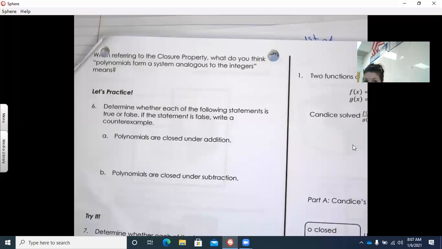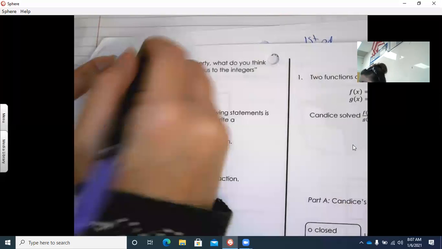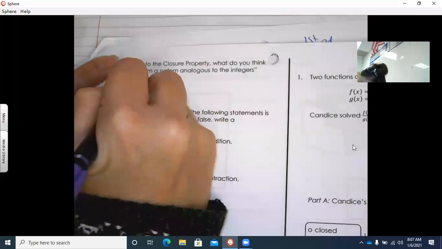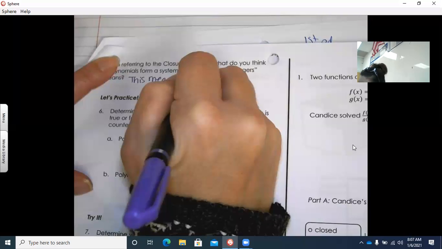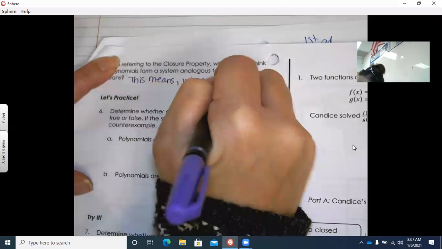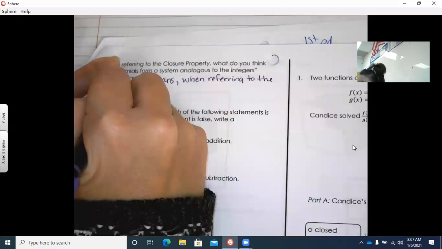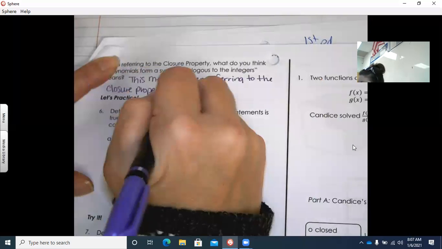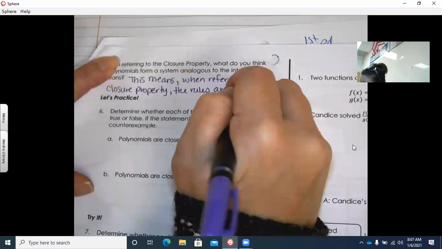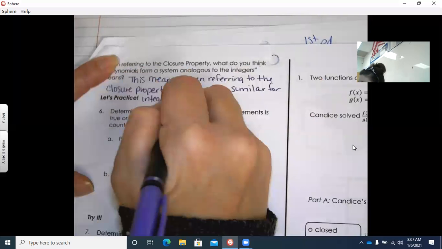So let's say this means, when referring to the closure property, the rules are similar for integers and polynomials.